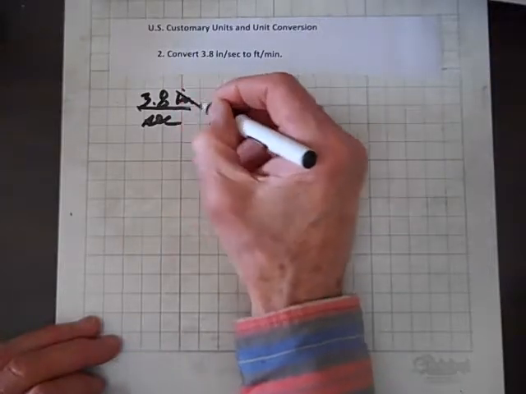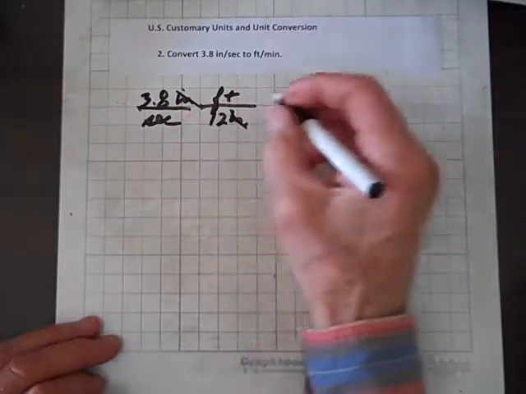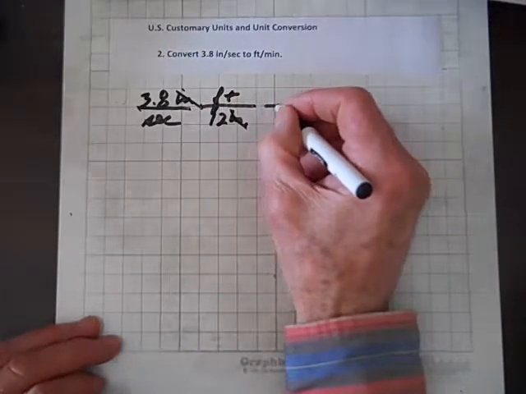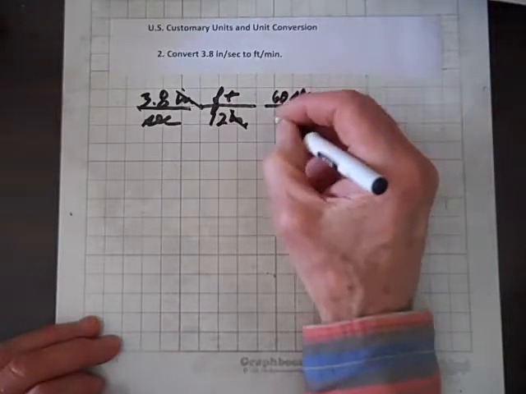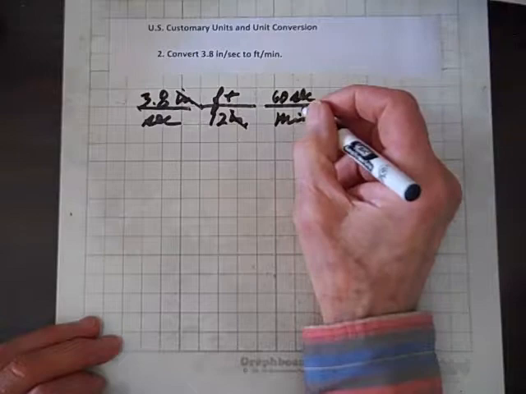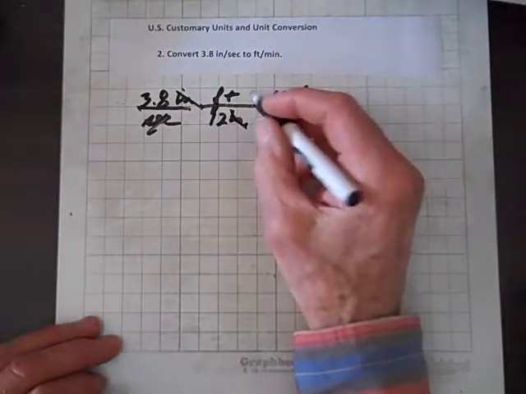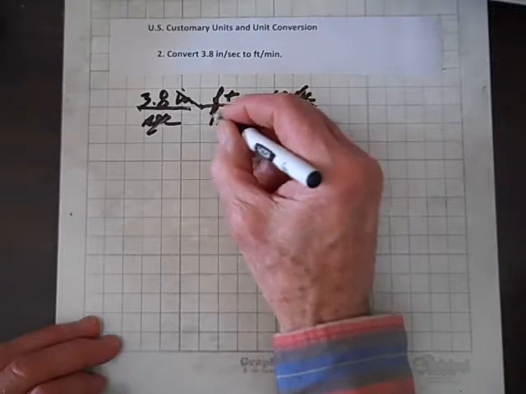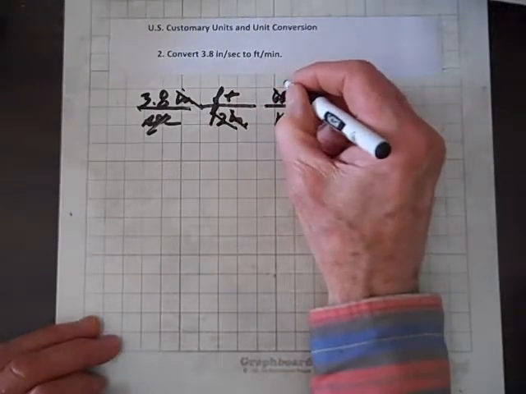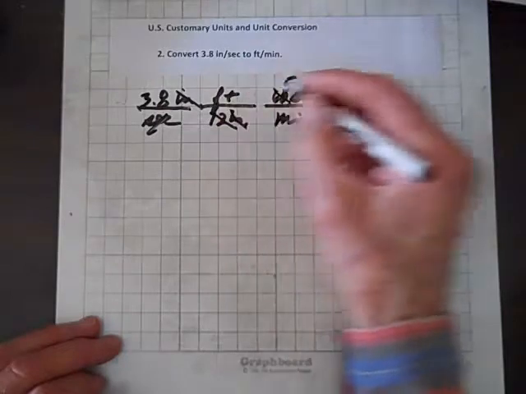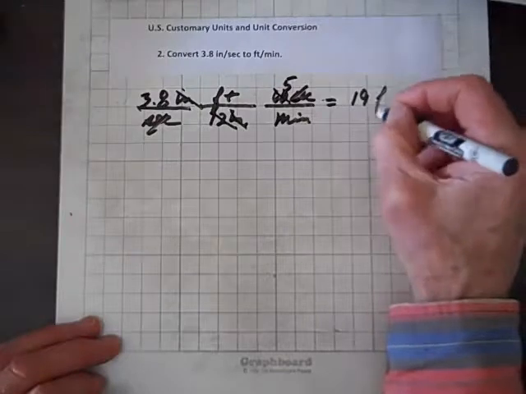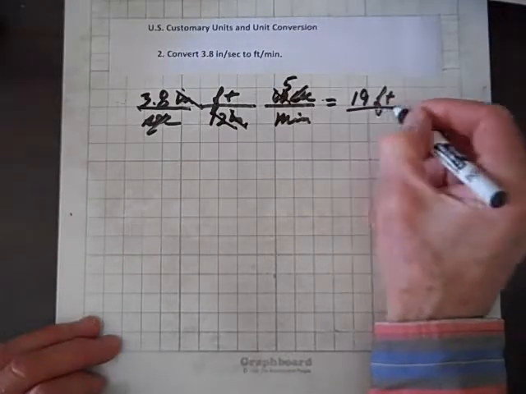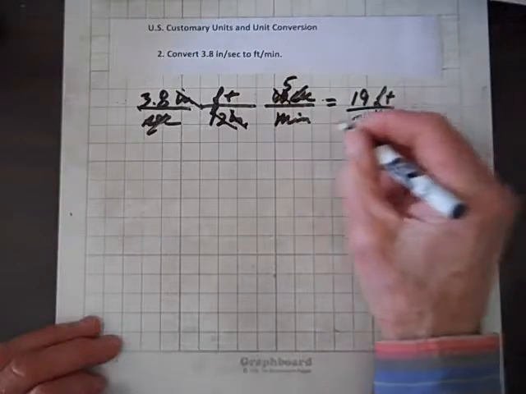Now we've got the feet we want, the inches divide out, and the unit multiplier relative to seconds and minutes is 60 seconds in a minute. Now the seconds divide out, and we've got the units we want, feet and minutes. By the way, 12 goes into 60 5 times, and 5 times 3.8 is 19, and so that's 19 feet per minute. And we're done.